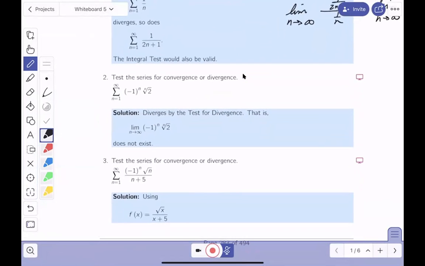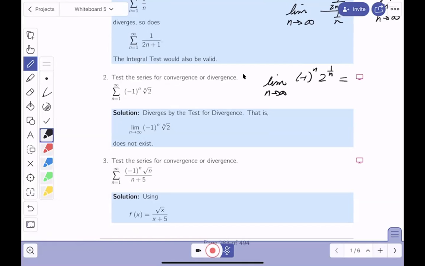So let's take a look at this one over here. And again, I'm going to try the first thing I would probably always try. It's never productive, by the way, but it's so easy, I want to try it. Limit as n goes to infinity, and let's see, (-1)^n, and then I get 2 to the 1 over n. That's the nth root of that.